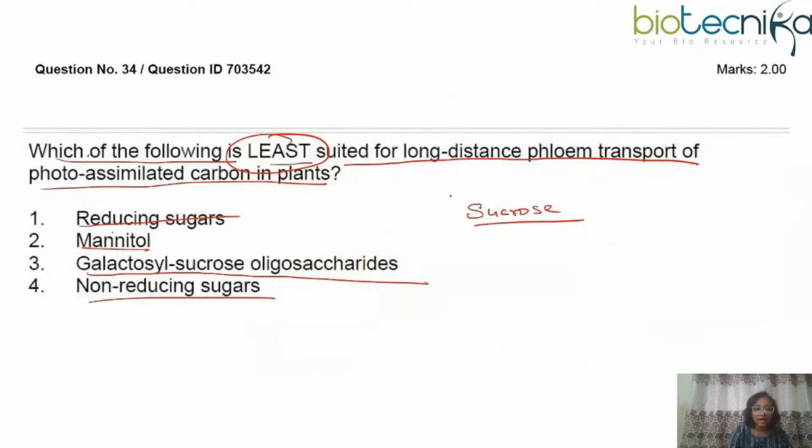So those are galactosyl sucrose oligosaccharides, oligosaccharides made up of sucrose joined to galactose. Raffinose, stachyose, verbascose all come under this category, and it's okay for them to be transported. So the plant does not have any problem translocating these galactosyl sucrose oligosaccharides. So these can be transported.